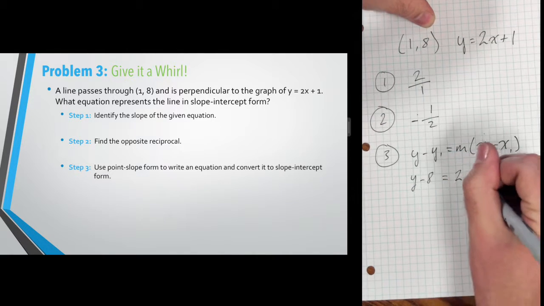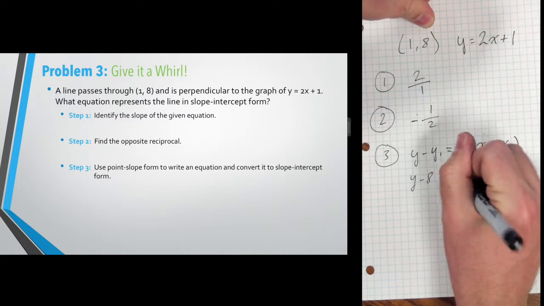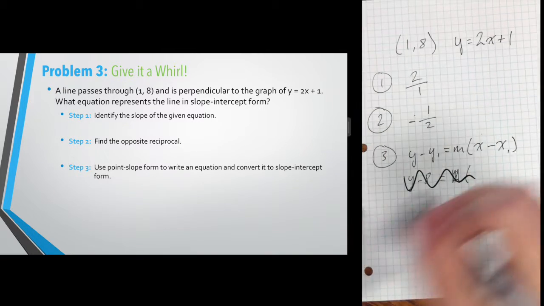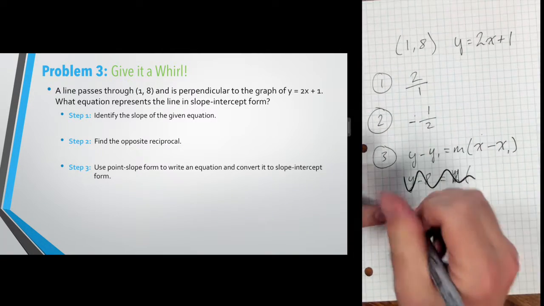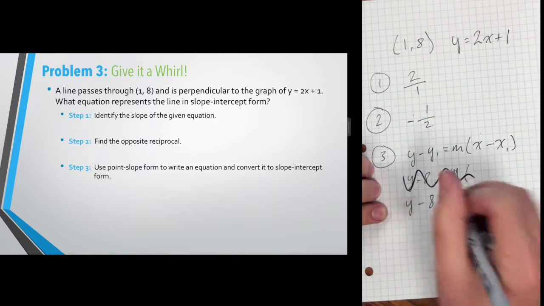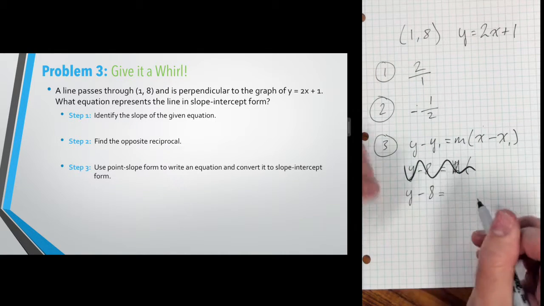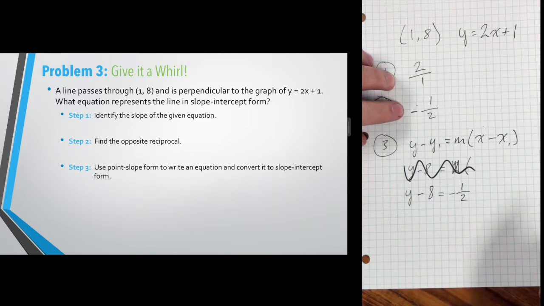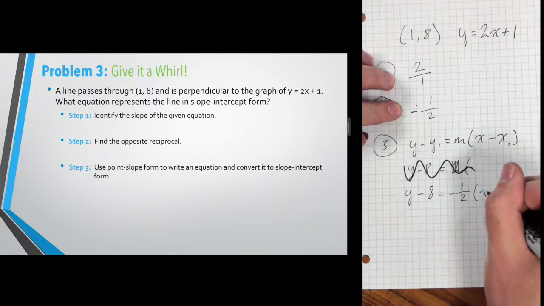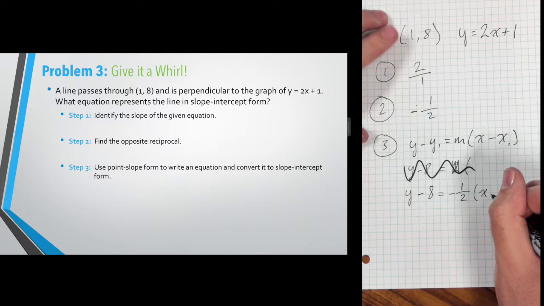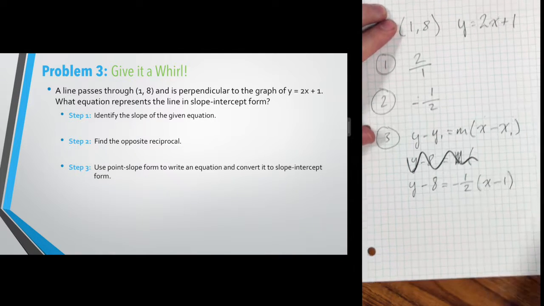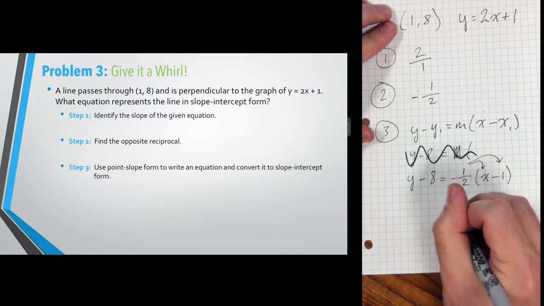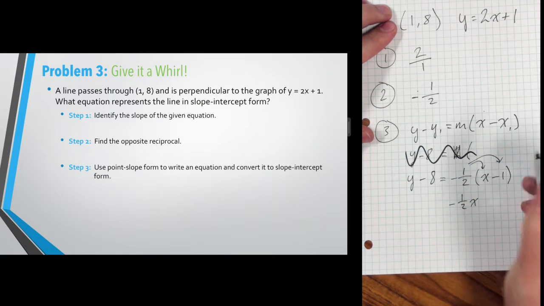equals 2. No, I'm sorry. I'm going to cross that out completely. That's just wrong. Let's retry that. Y minus 8 equals, the slope is negative 1/2 because it's perpendicular, times x minus 1, and now distribute. Negative 1/2 times x is negative 1/2 x.